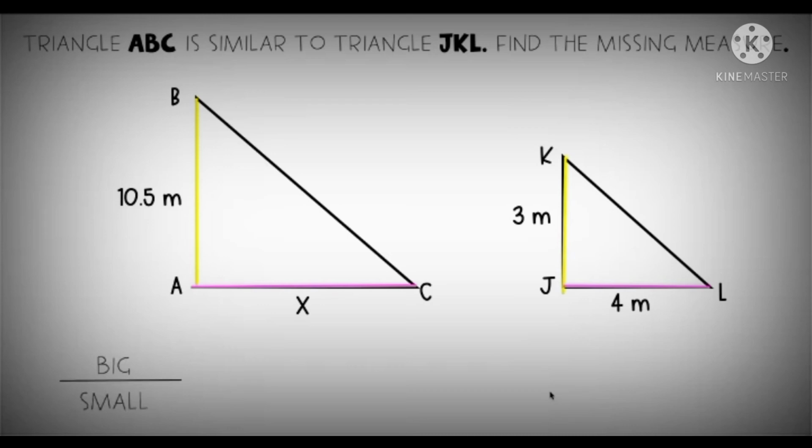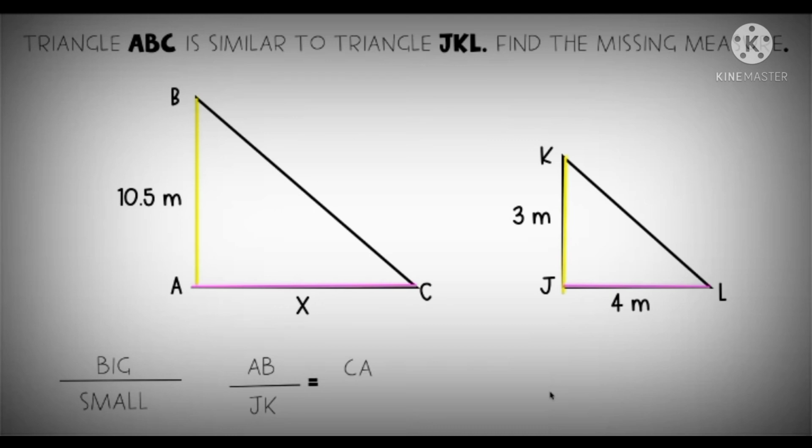Remember, as we go in to write our proportion, we are going to write it as big over small. To start, we will write down those letters where we take our big triangle with AB, and it's going to be over our small corresponding side, which in this case is JK.